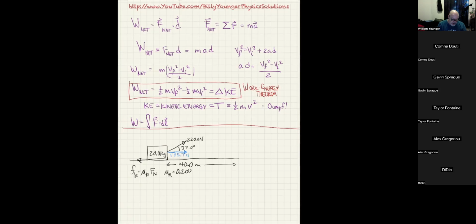Okay, that's carrying one extra sig fig, of course. And then we also had a vertical component of that force that was 132.4 newtons. So that's what was acting on that.